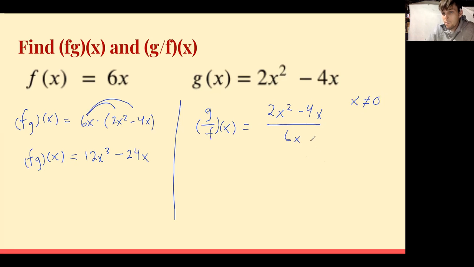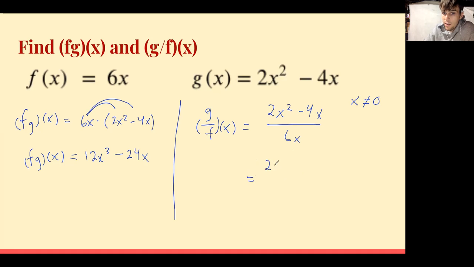But we can simplify this. We can simplify out an x, and we could find a common factor for all these numbers, right? All these numbers are also divisible by 2. Let's factor the top.